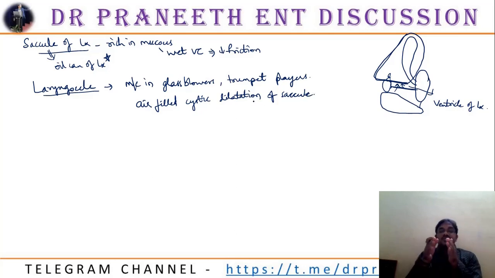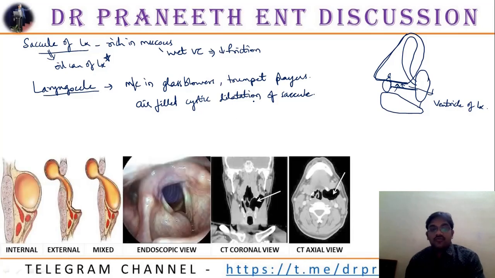If these are the aryepiglottic folds, here the saccule will be there. Once this bulges, the aryepiglottic fold will get medialized. See, this is the aryepiglottic fold, isn't it? This is the arytenoid prominence on either side, and the interarytenoid region. On this side, you can see there is a bulge coming inside, isn't it?